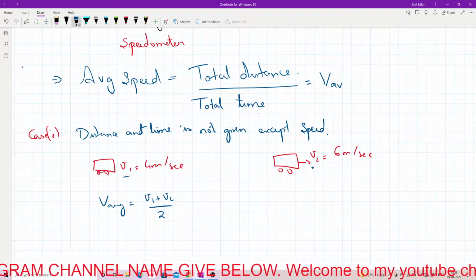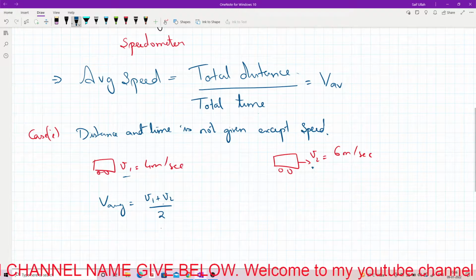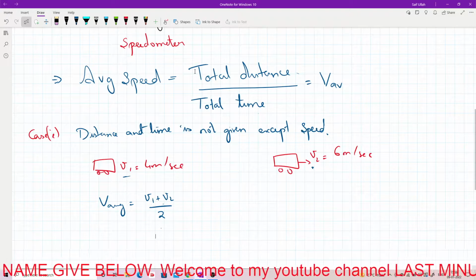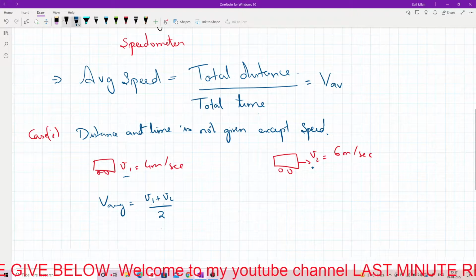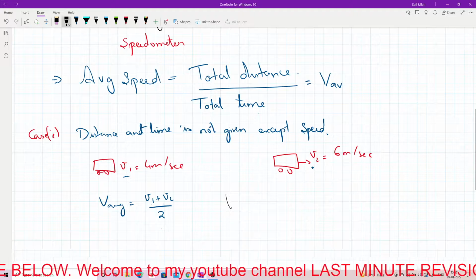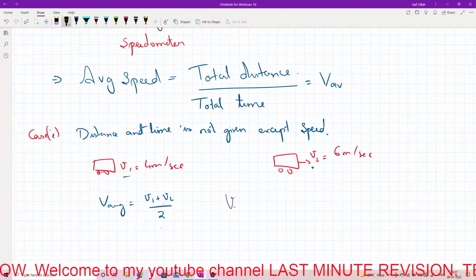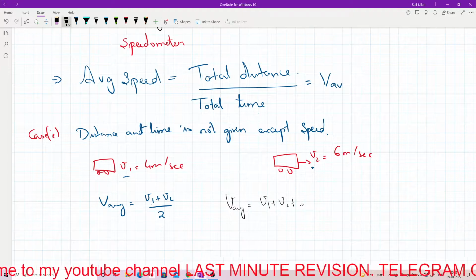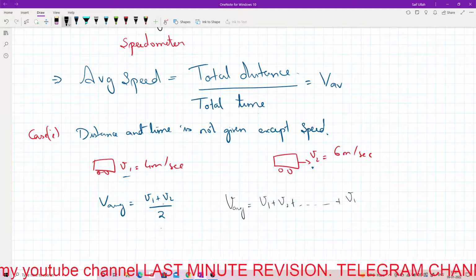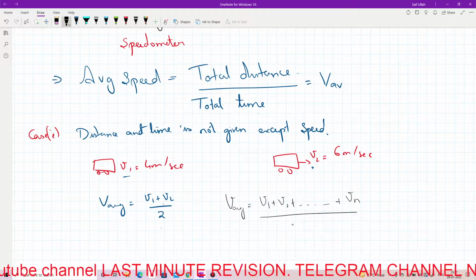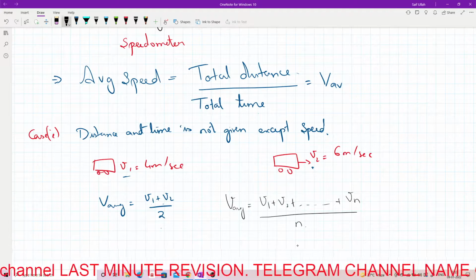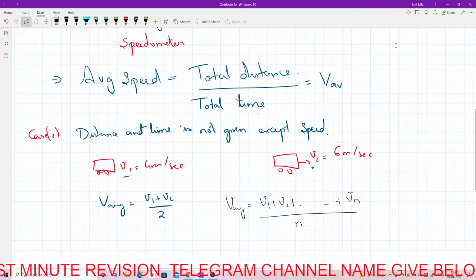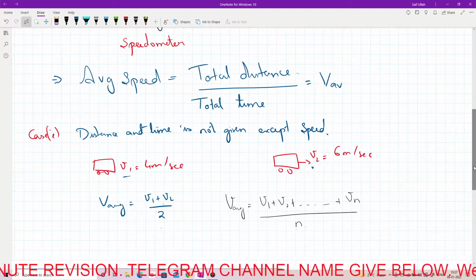What happens if more than 2 vehicles are given? If there are n vehicles, your formula becomes V average is equal to V1 plus V2 plus so on till Vn, by n, that is the number of times. This is case 1 where you can find the average speed.